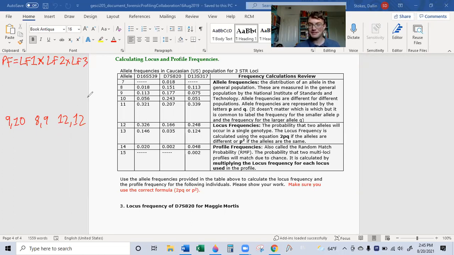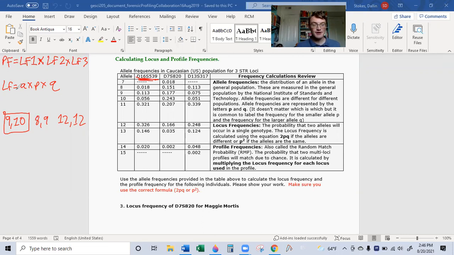Okay, so these take a little bit of math, because remember, how did you find a locus frequency? Well, locus frequency was equal to A times P times Q. So what you're going to do is do A times P times Q on a 9-10 combo at D16. You're going to find the locus frequency for having a 9-10 at D16.